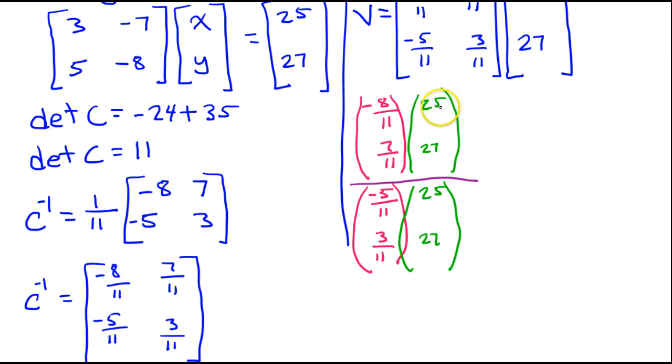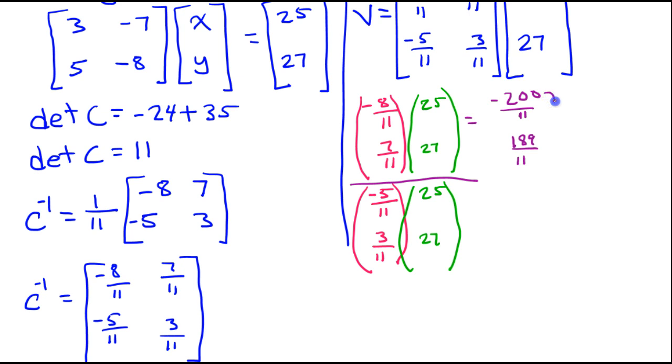So if I multiply this, let's see, 8 times 25, I'm using my little 4-function calculator. So what I have is negative 200 elevenths. Okay, 7 times 27, let's see what that is. That's 189 elevenths.